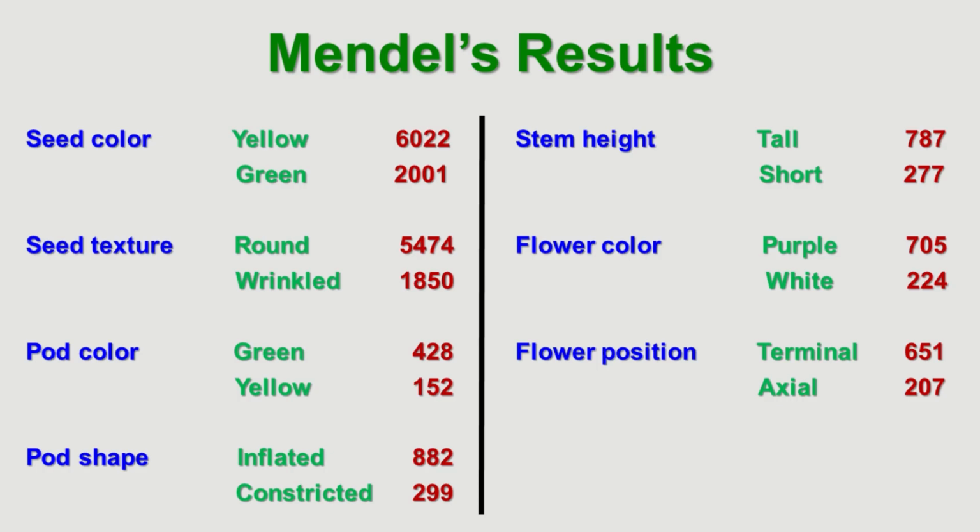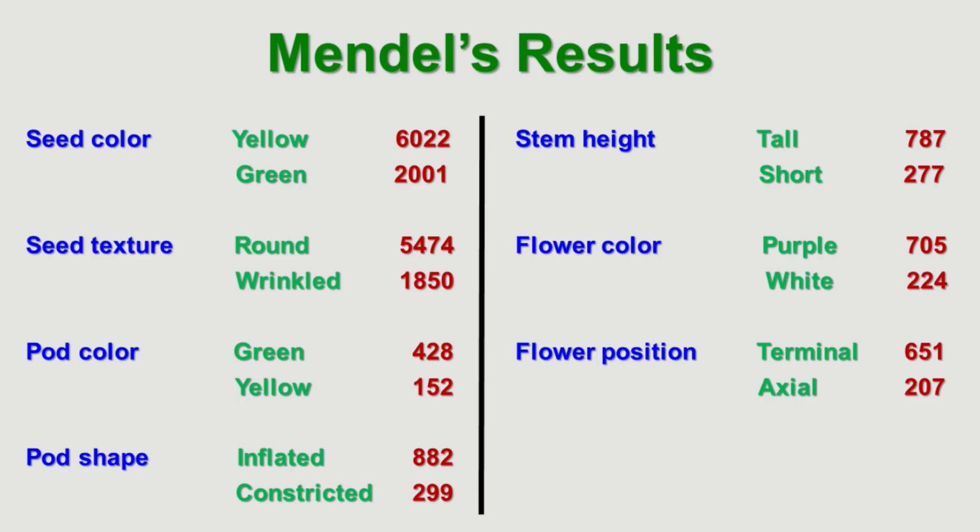If you divide 2001 by 2001, you get the 1 ratio, and if you divide 6022 by 2001, it will be 3.009, so close to the 3-to-1 ratio. You can do the same for the others.